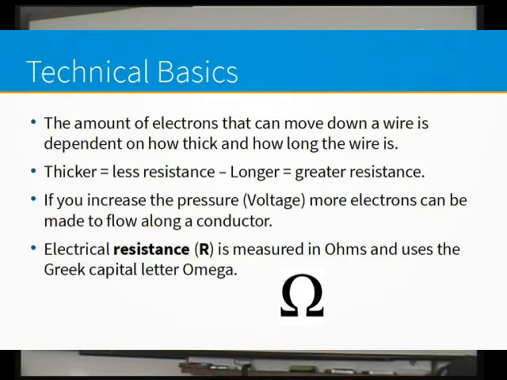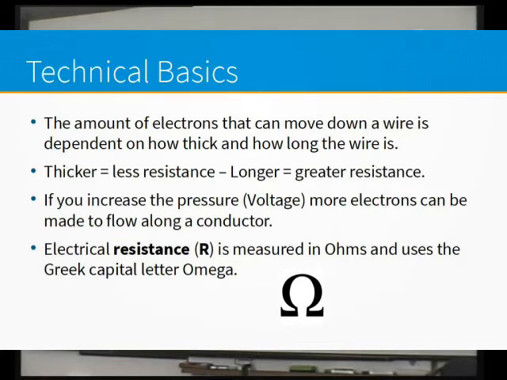However, if you increase the pressure or the voltage level, you can actually push more electrons down that conductor. So a good analogy here is if you think about water flowing through pipes, actually the formulas that are used to work out the flow through pipes is actually exactly the same as the flow of electrons through conductors.